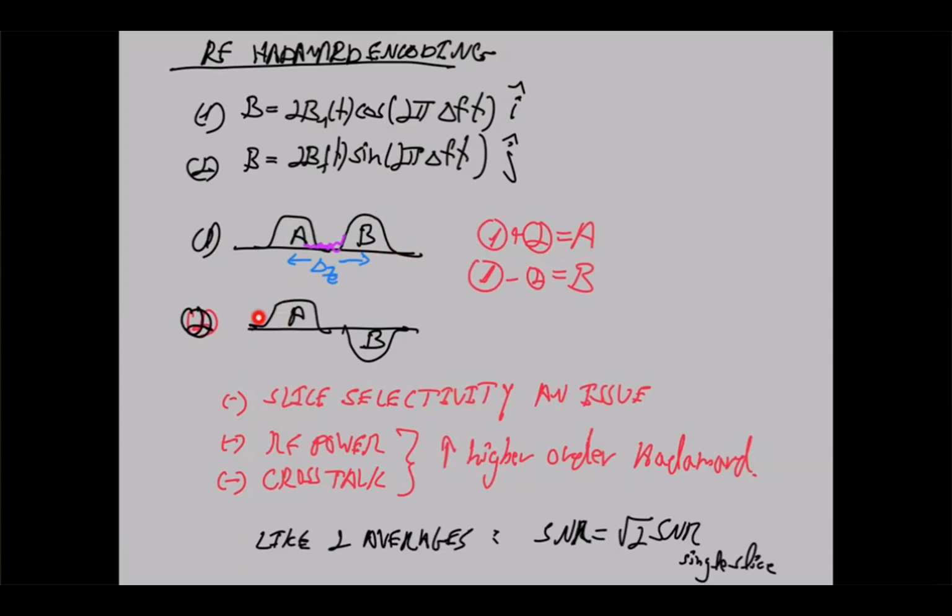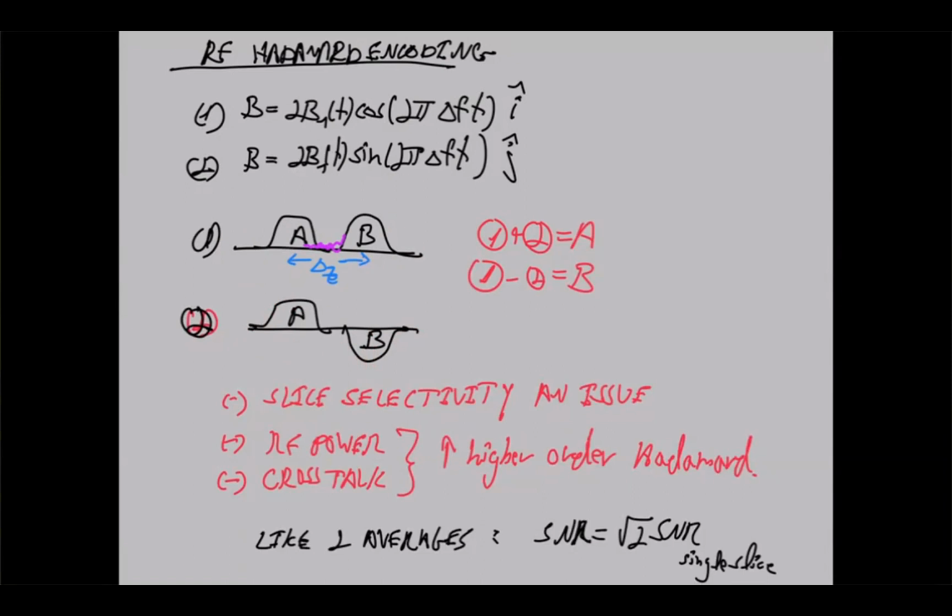And when I do the imaging of this situation, I still have data coming from the 2 slices together. And that fact means that I'm doubling my A to D time. Okay, so I'm doubling the time that I'm collecting data.